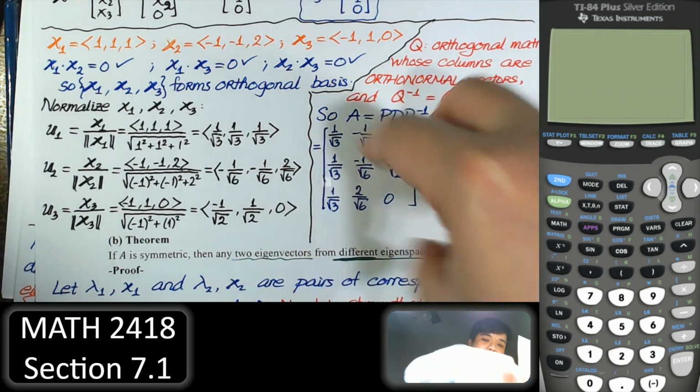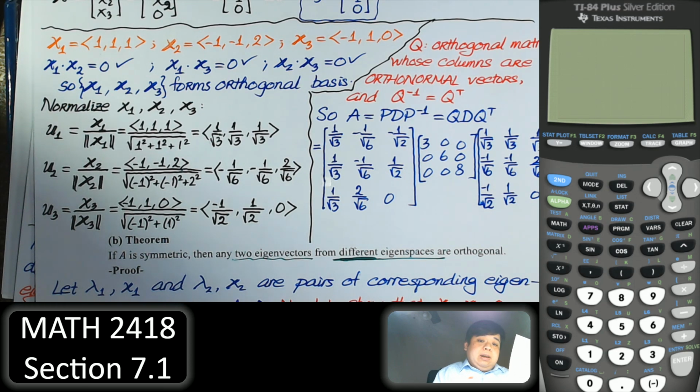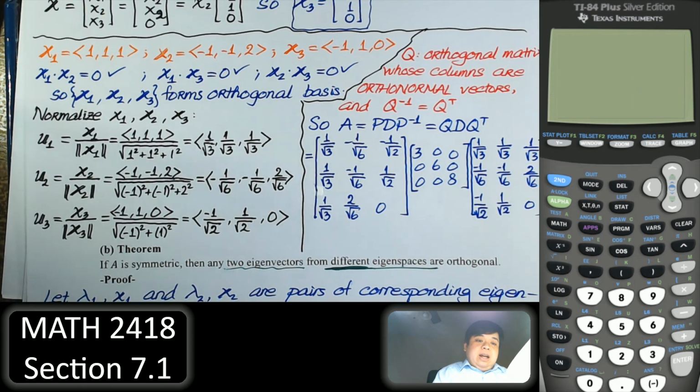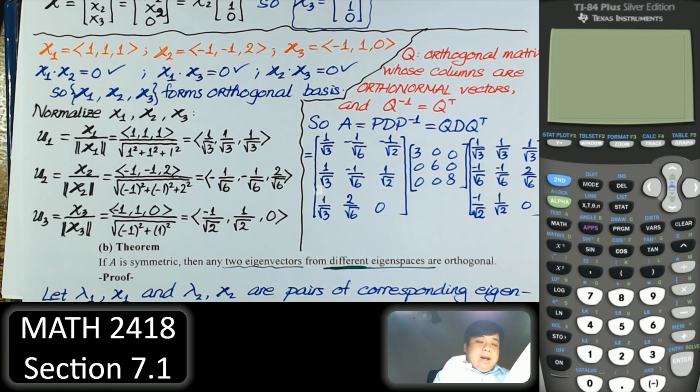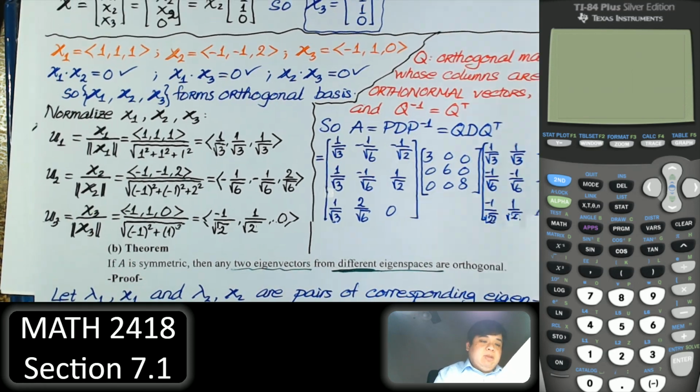So we're just going to turn the matrix sideways, and we have the inverse. That's a very easy thing to do. And so once again, when we have a symmetric matrix, we can orthogonally diagonalize it. And this is how we do it.